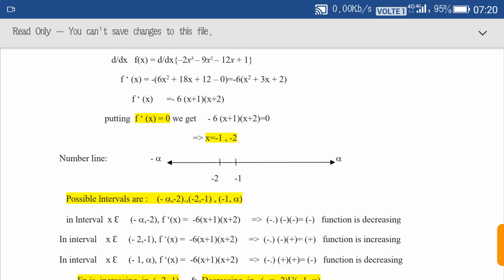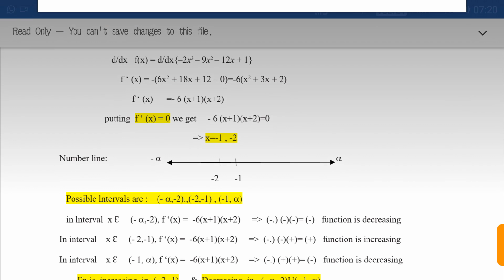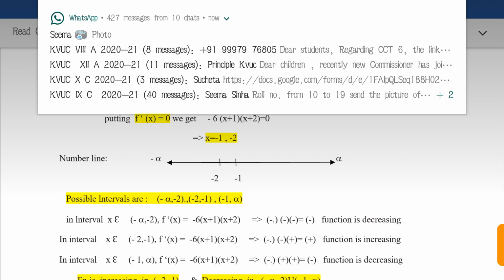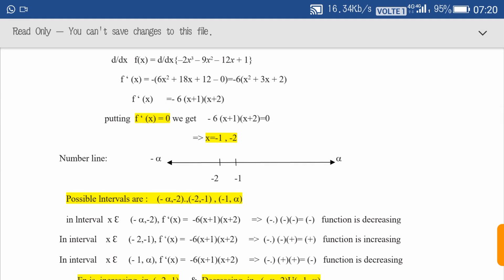It will be represented like this: minus 2, minus 1, and minus infinity, plus infinity. So the possible intervals are minus infinity to minus 2, minus 2 to minus 1, and minus 1 to infinity. These are three possible intervals.